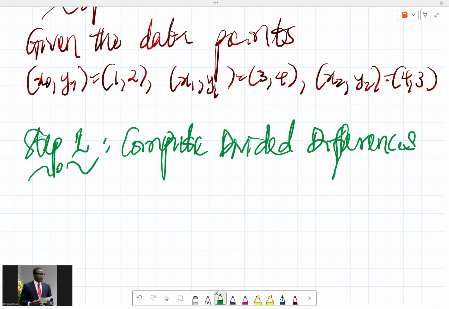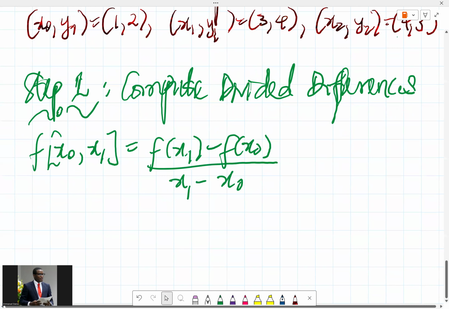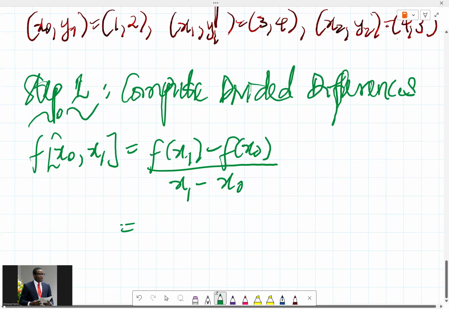To do that, we need f of x naught, x1, which means we have f of x1 minus f of x naught. I think this is even straightforward. This is over x1 minus x naught.